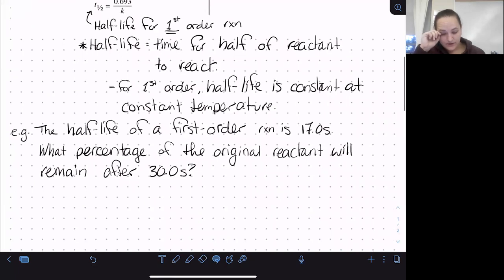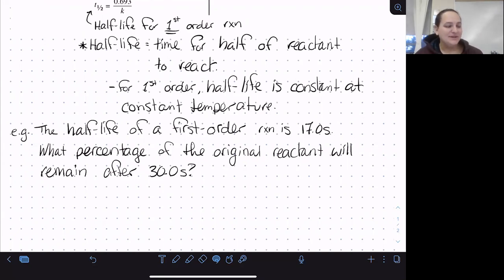So this question is asking us how much of our reactant is going to remain after a certain amount of time. We can also use it to calculate the value of K if we know the concentration at least two different points in time. So we can use it for all sorts of stuff. Anytime that you're dealing with kinetics and time changing, you're probably using an integrated rate law in some way, shape, or form.